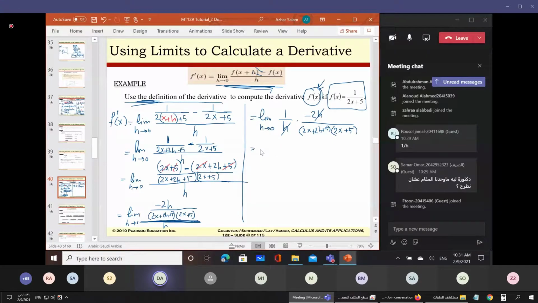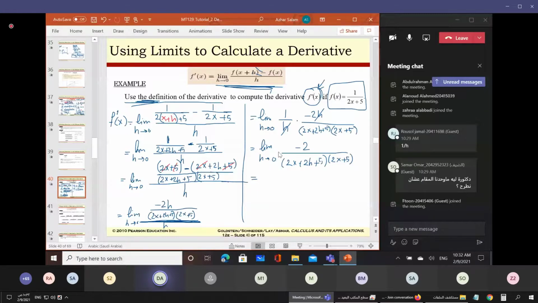So the last simplification will be the limit when h approaches 0 of minus 2, only minus 2 in the top, divided by 2x plus 2h plus 5 and 2x plus 5. I don't have to take the multiplication between these two, since I will substitute h with 0. It will be simplified later.